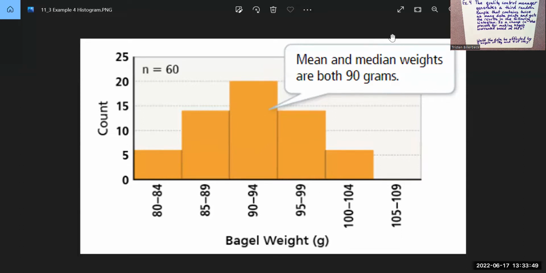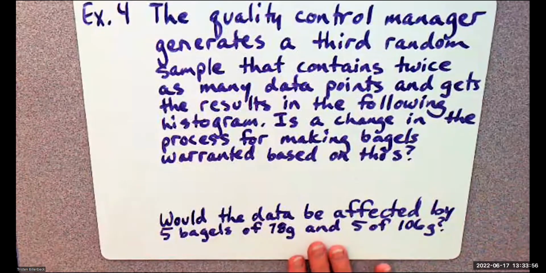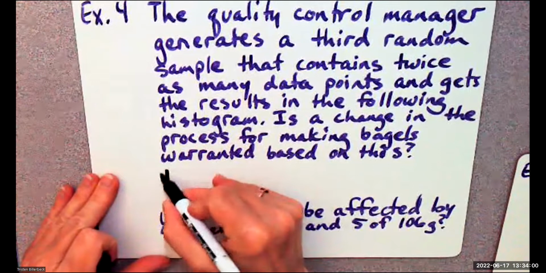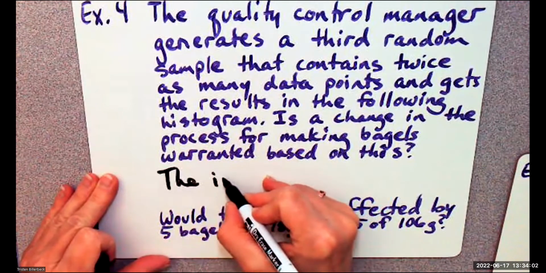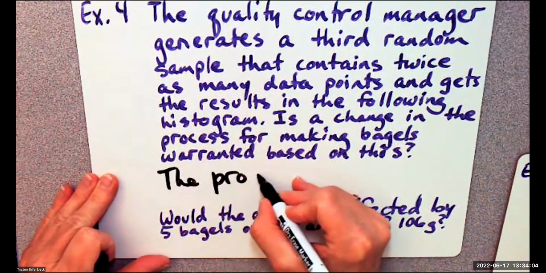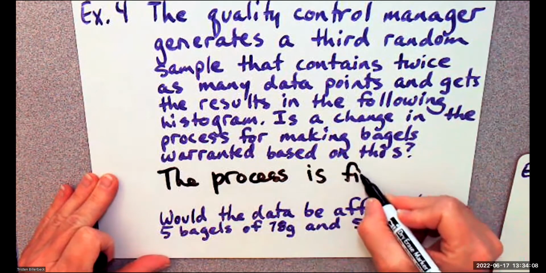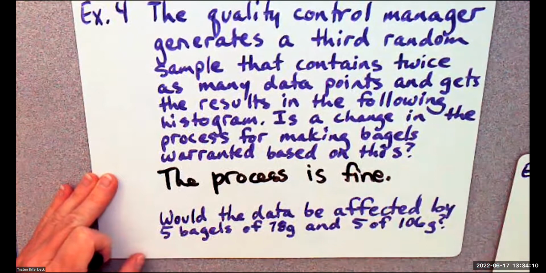All right, so that's how you would solve a problem using histograms and all this. So what we have here is the process is fine. It doesn't need any changes.